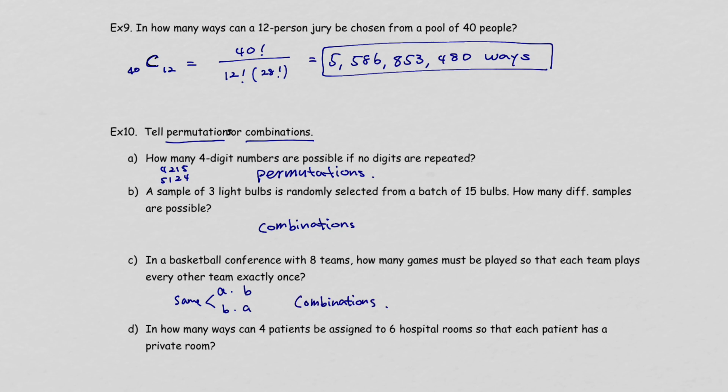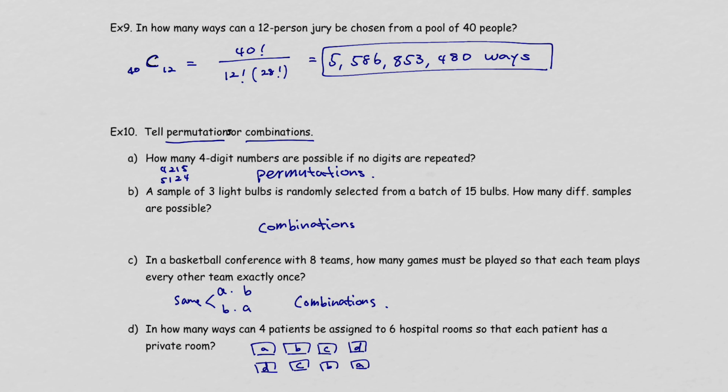The last one: in how many ways can 4 patients be assigned to 6 hospital rooms so that each patient has a private room? Well, if I have rooms 1, 2, 3, 4, and put A here, B here, C, D there, that is going to be different than if I put D here and C there, B there, A there.